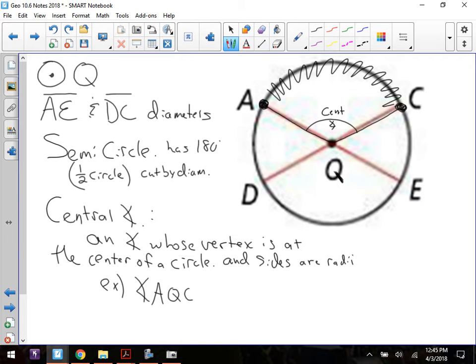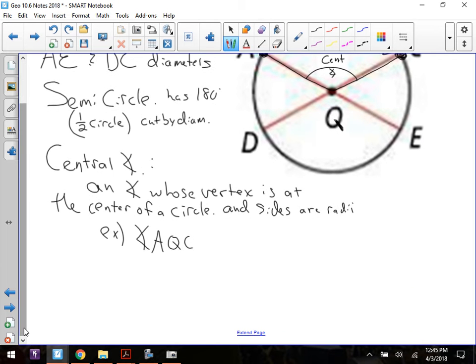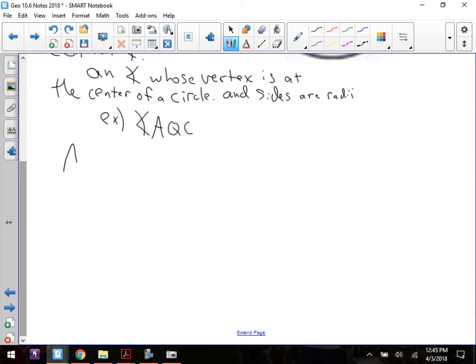We'll get to that in a second. Like I was saying, I got a couple of terms here. An arc is a segment. For example, I would write it as AC with that little curve over the top. That means it's an arc as opposed to a segment.